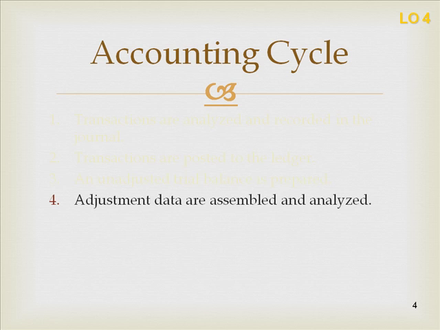Step 4, adjustment data are assembled and analyzed. Now, adjusting data, and you learned about this in Chapter 3, sometimes don't always come with a source document. The source document actually came along with the original transaction, and you're just following up with adjustments for these transactions. Many ways you can do this.